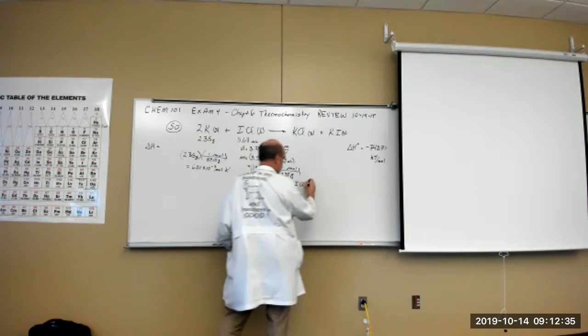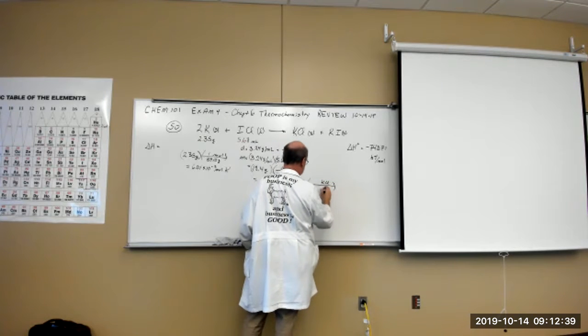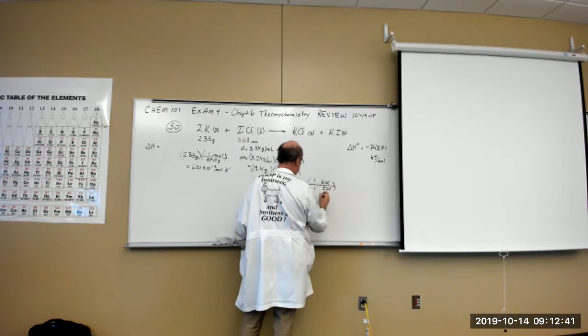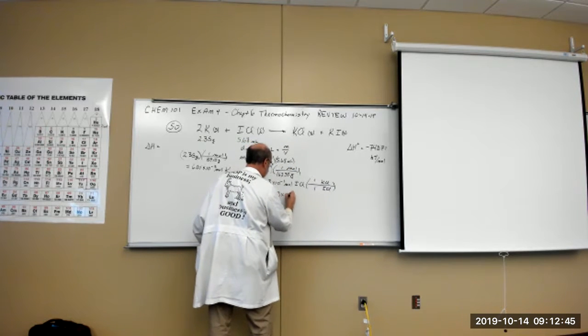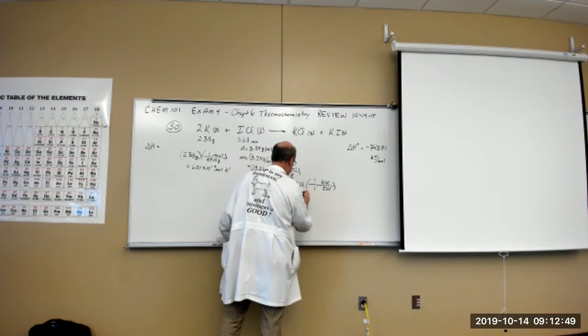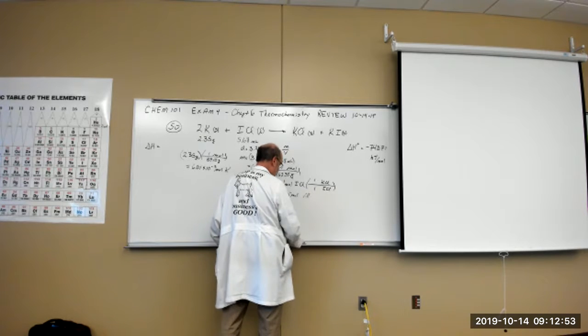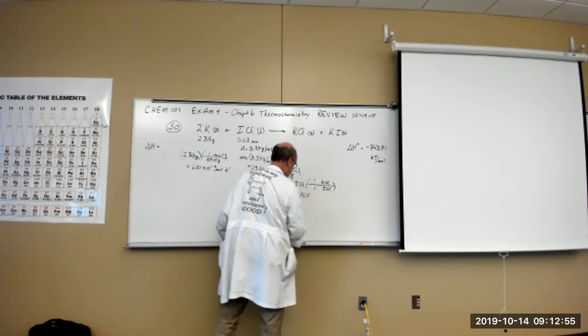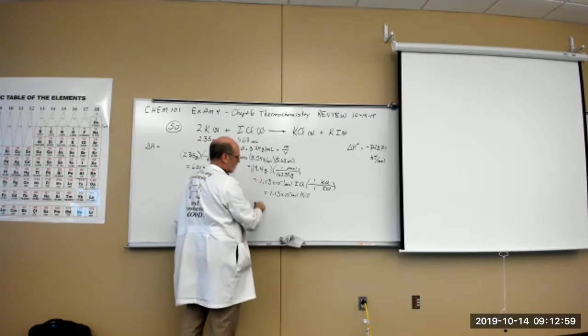Right? Just pick one, KCl. 1-to-1. So that means 1.13 times 10 to the minus 1 moles of KCl would be produced from that much iodine monochloride.